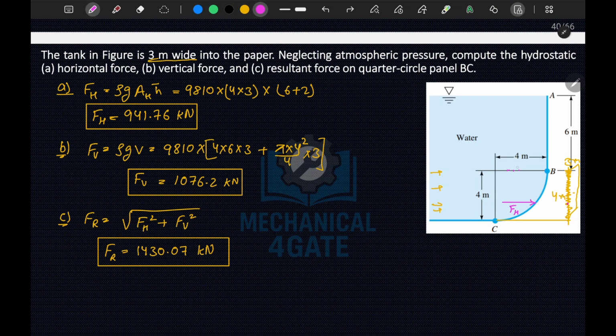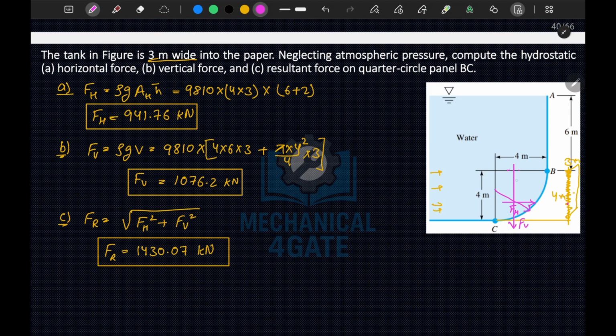So Fv will be acting along some line here. You can calculate the value of Fv here, and then the resultant force will be acting at the intersection of your Fv and Fh.